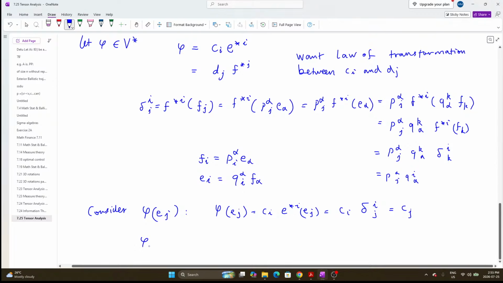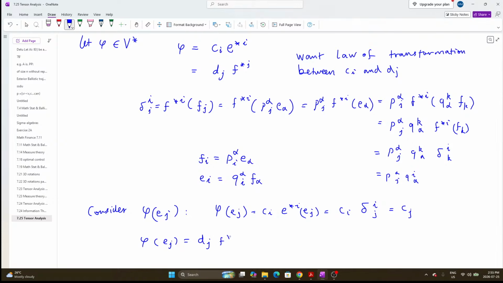You get phi of ej is dj f star j of... no, that's not good at all because the indices mess up. So let me rewrite this with d alpha, that's the dummy index, d alpha f star alpha of ej. We can do that, no problem.